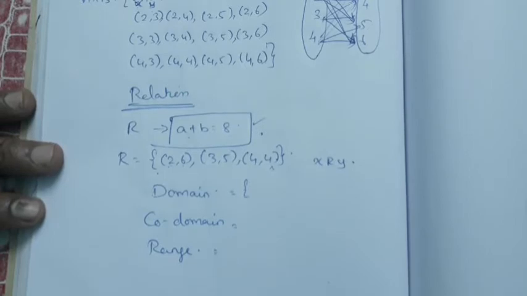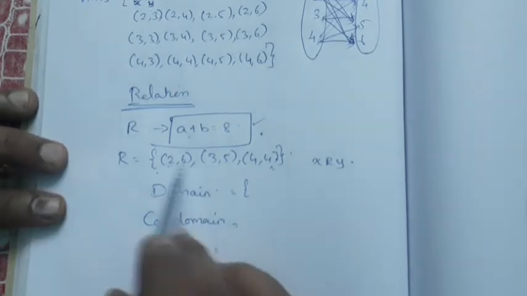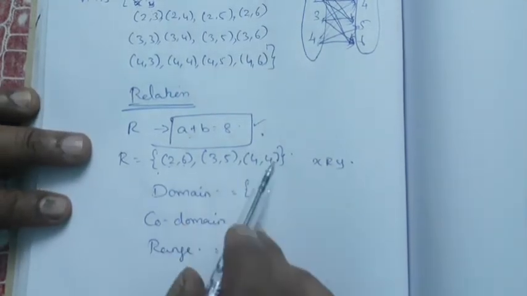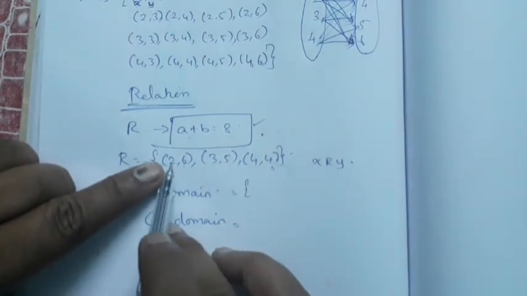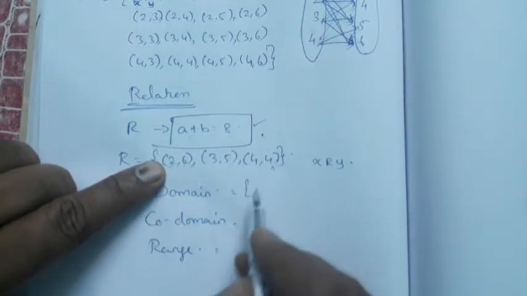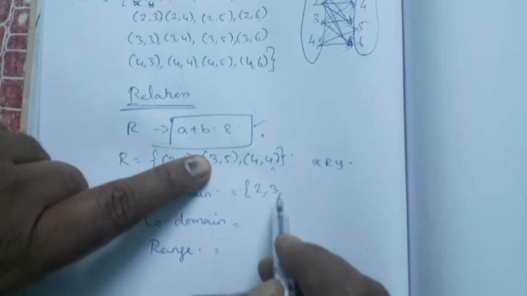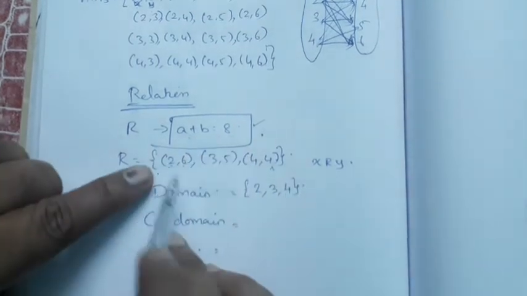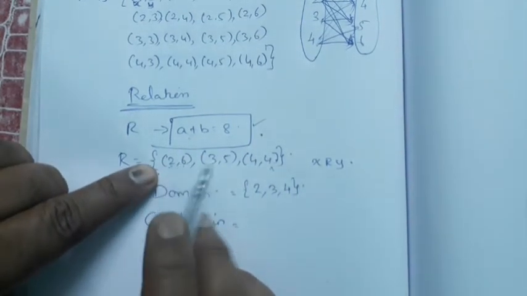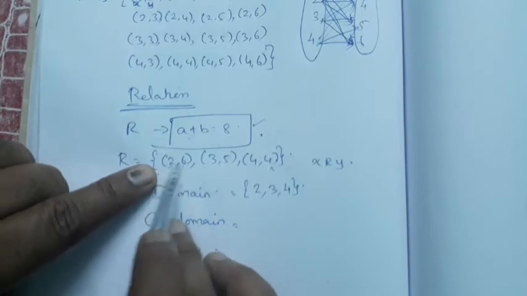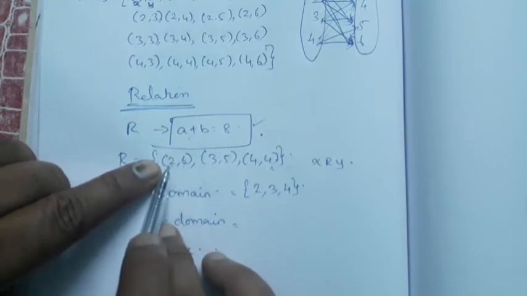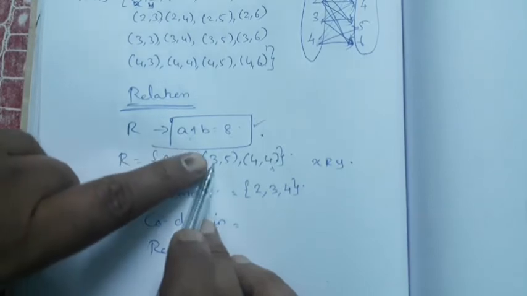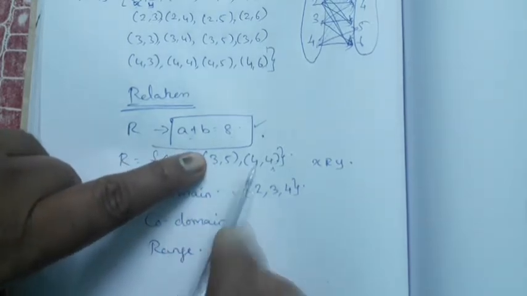This is the relation, and you have to pick out only the first element. This is 2, you can take this 3, and you can take this 4. Among these coordinates you must take the first one alone, and likewise here.